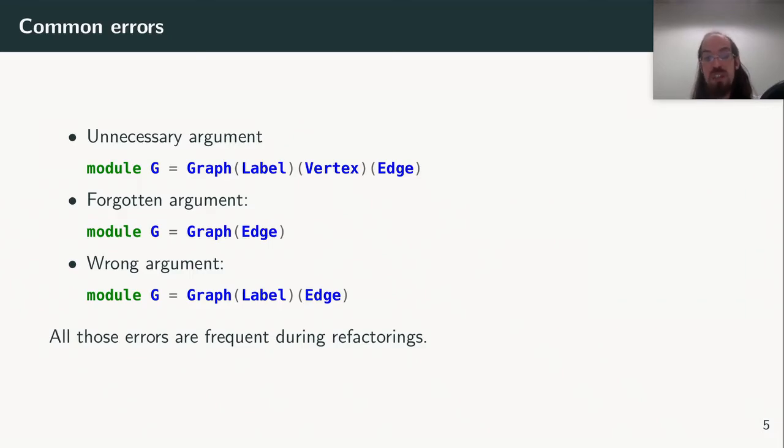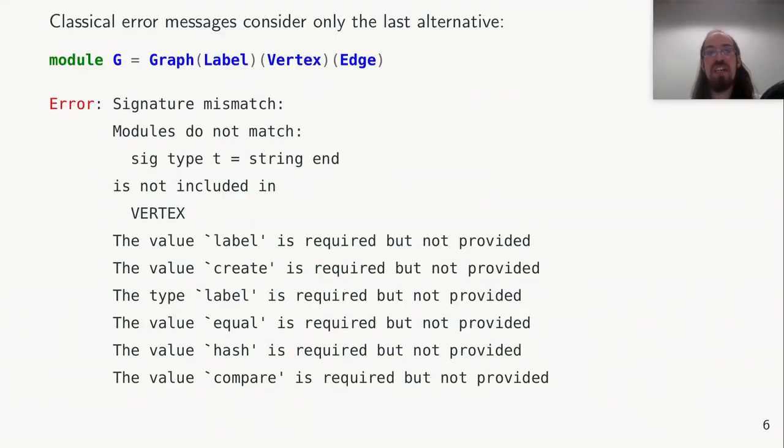All these errors are frequent during refactoring because the types of functors are very much in flux and it can be easy to add, remove, or change an argument. Unfortunately, classical error messages only consider the last alternative, and if I'm using an extra label argument, the error message that I get is telling me that the module label does not match the vertex signature.